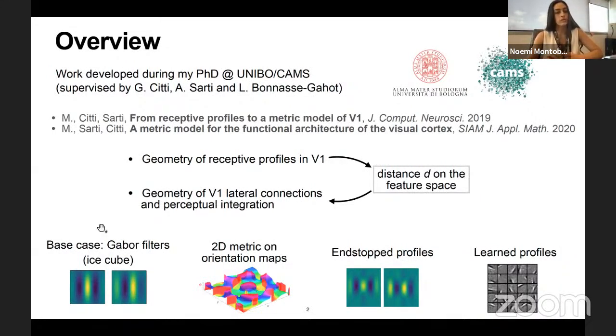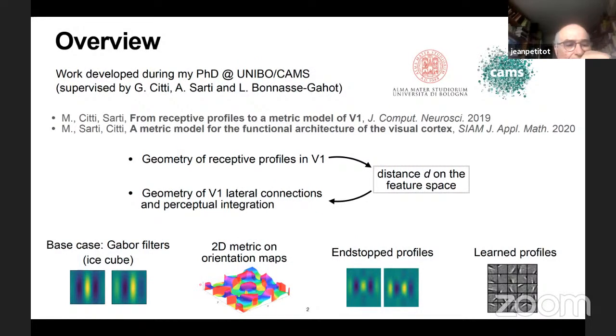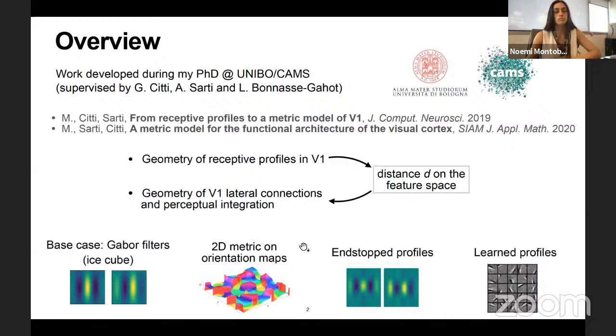But then our framework can also be used for modeling the connectivity induced by more realistic representations, including, for instance, orientation maps, or different types of feature selectivity, specifically a family of end-stop profiles selective to curvature. And finally, I'll show that we do not need any pre-existing parameterization or ordering on the fiber for our approach to work, to compute the connectivity associated with a bank of learned profiles.